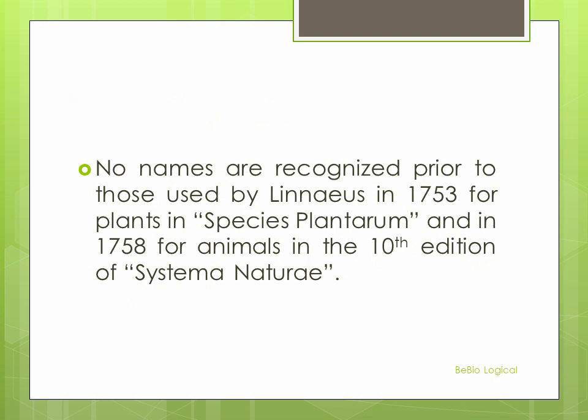No names are recognized prior to those used by Linnaeus in 1753 for plants in Species Plantarum and in 1758 for animals in the 10th edition of Systema Naturae. When a species is transferred or revised, the name of the original worker is retained but in parentheses.